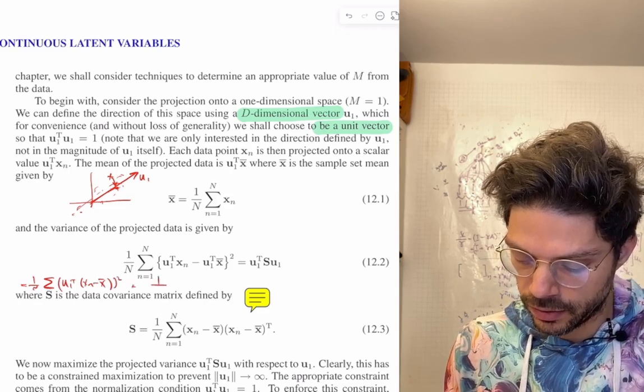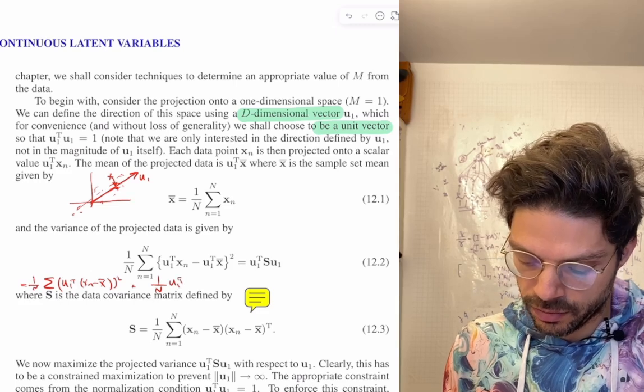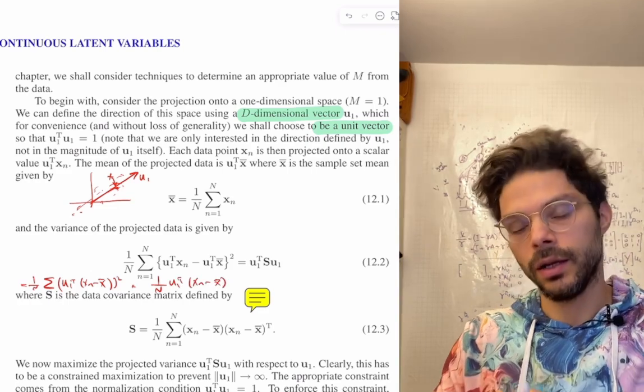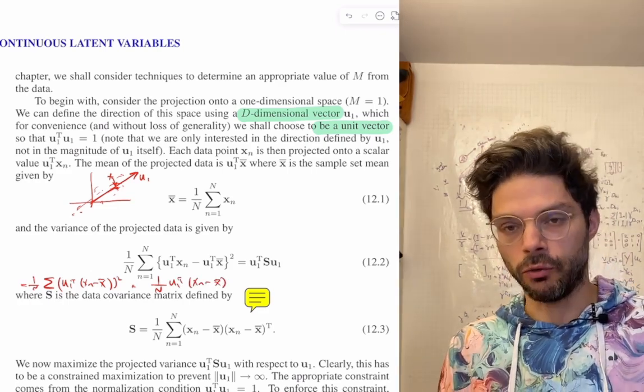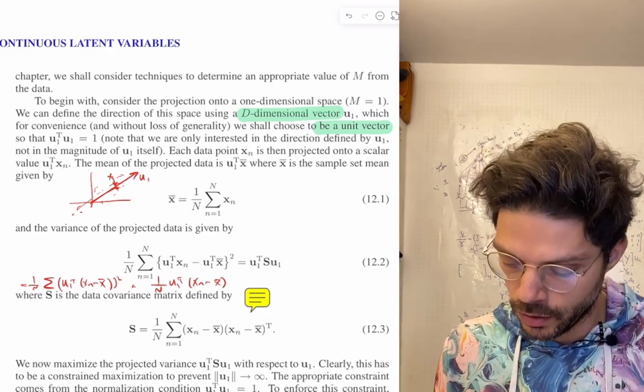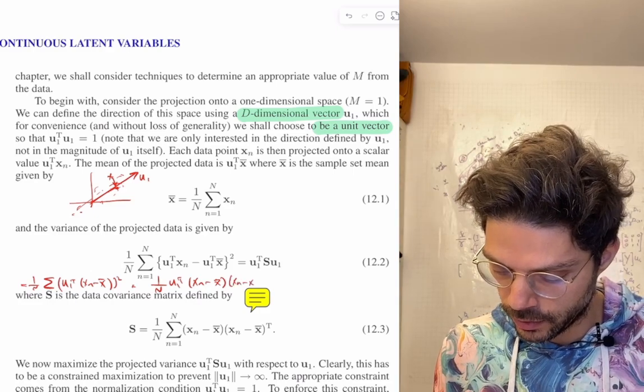You can just write this as u1 transpose (x of n minus x bar), and then you can write A transpose B as B transpose A, right? So we'll just flip this around.